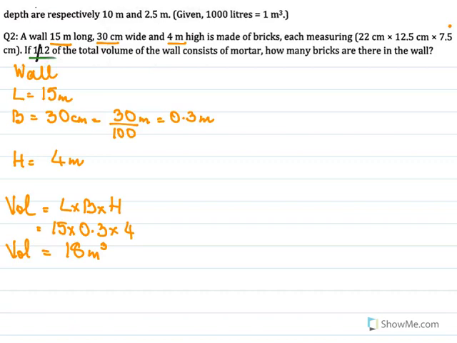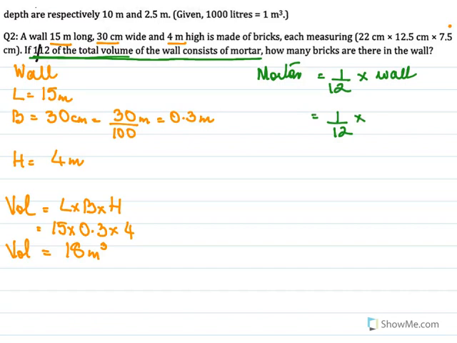Now here they said 1/12 of the total volume of the wall consists of mortar, which means mortar is cement. So volume of mortar equal to 1/12 of the wall, which is 18. So volume of mortar will be equal to 1.5 meter cube.